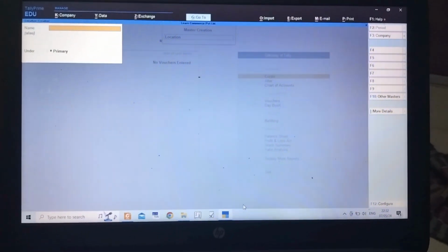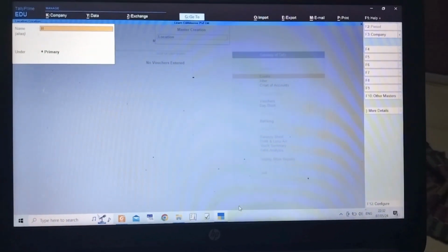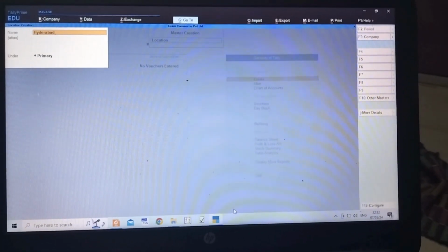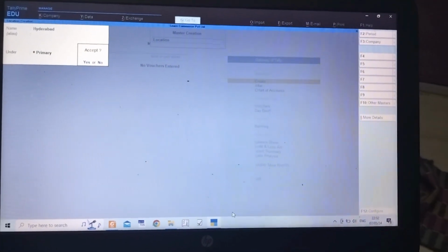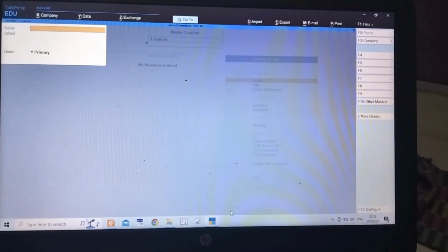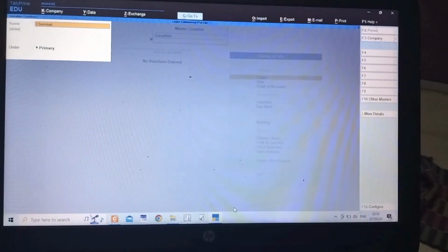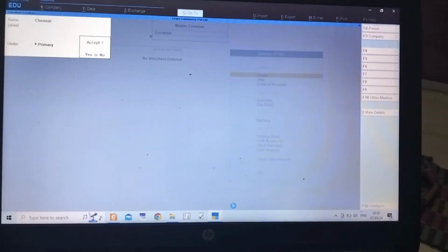One I will choose other state. I will take Hyderabad because for making inter-state purchases or sales. And one I will take Chennai. So we learned creation of godowns or locations.